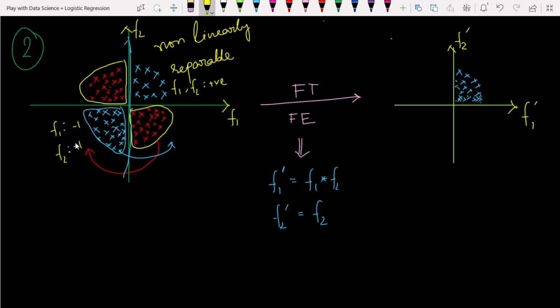If we multiply these two, F1 dash, which means F1 into F2, is positive. So F1 is positive on this side, and F2 is negative. F2 on this side will be negative, and F1 dash on this side positive. So our data set will be this one.